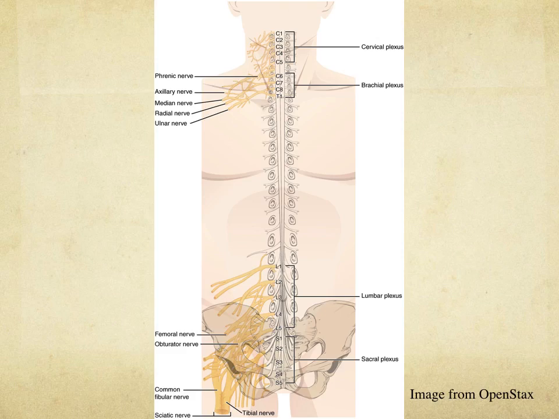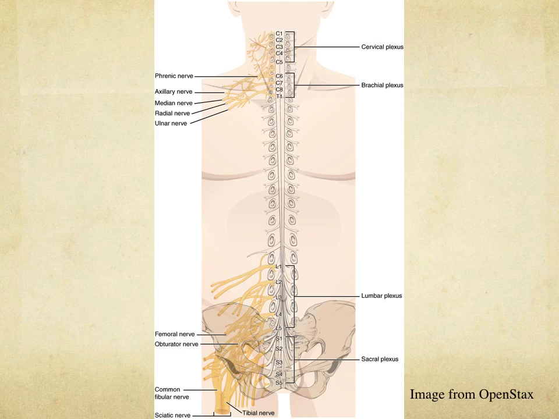Coming from a nerve plexus within the cervical region, we get nerves such as the phrenic nerve, which is why, if you look at C1, C2, if we happen to have a spinal cord injury in that area, the phrenic nerve, which is responsible for ventilation, controlling of the diaphragm, gets damaged and the person is unable to breathe.